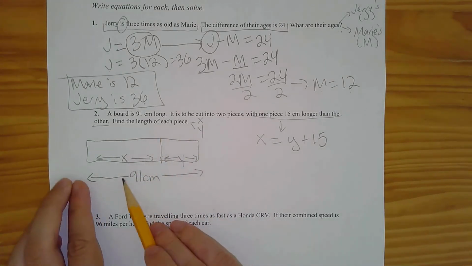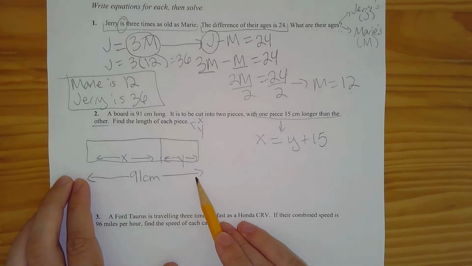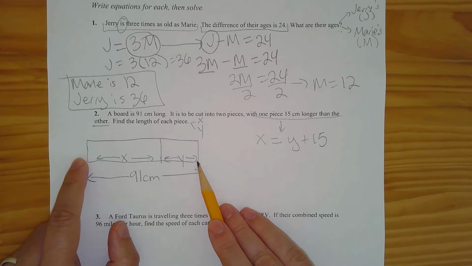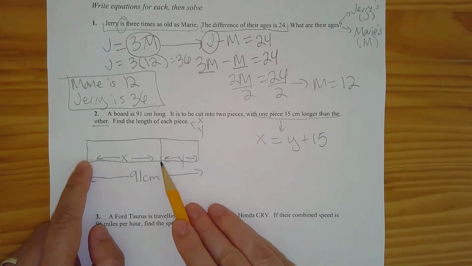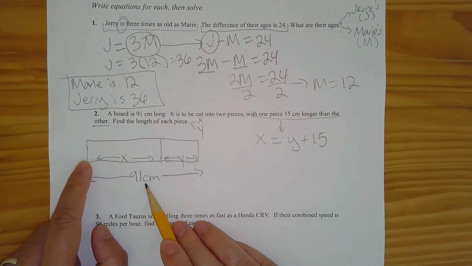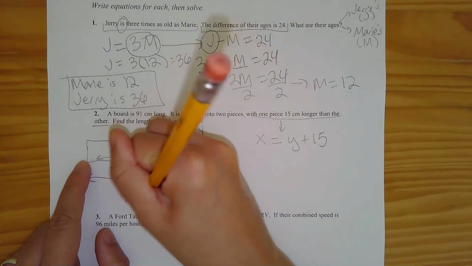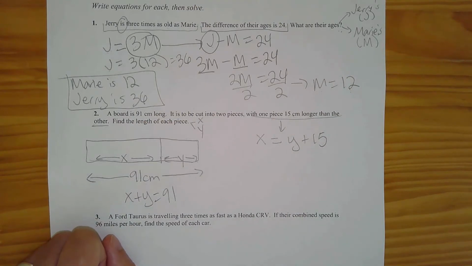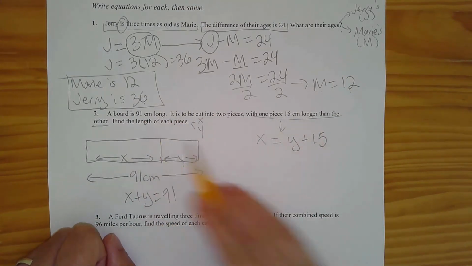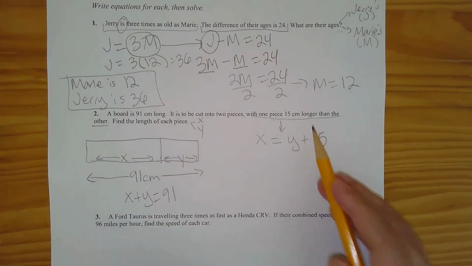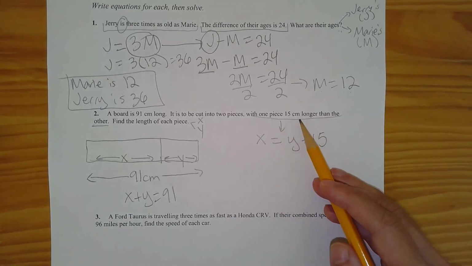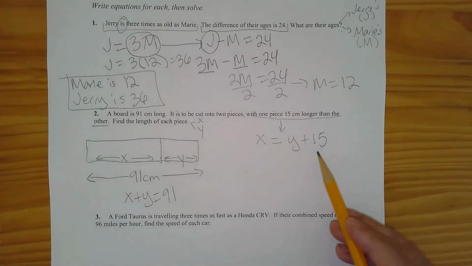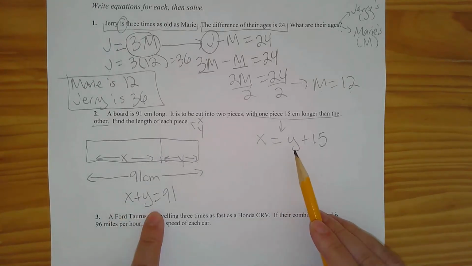Okay. So with the 91, the equation I can get there is that 91 is the total length of the board. So that would mean that my X plus Y should be 91. That's the information I'm getting from the 91. From the second part, with the longer piece being 15 centimeters longer than the other, that's where we're getting X equals Y plus 15. So now I have 2 equations with 2 variables.